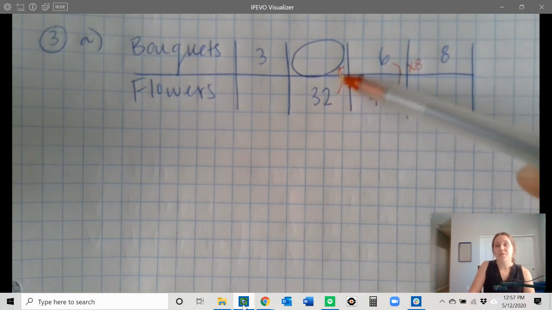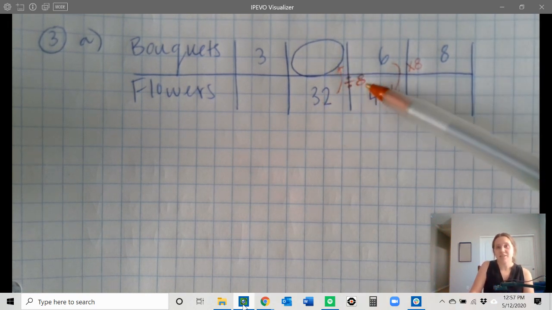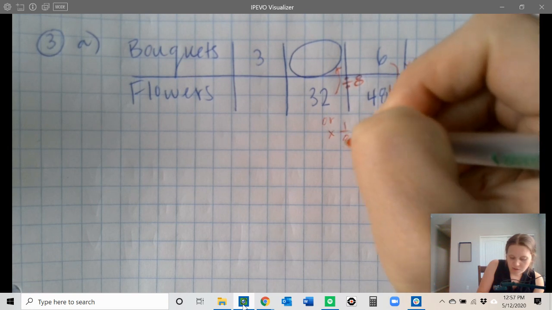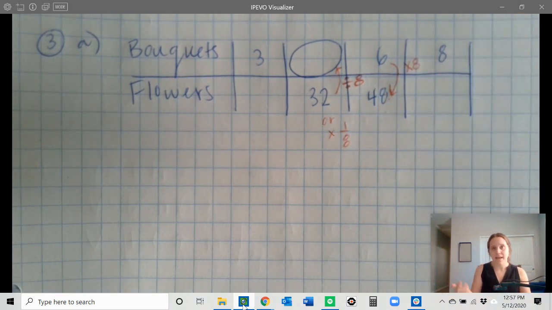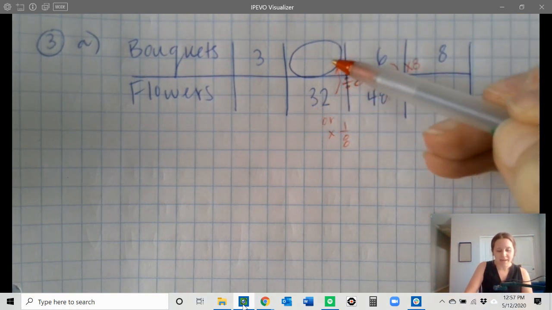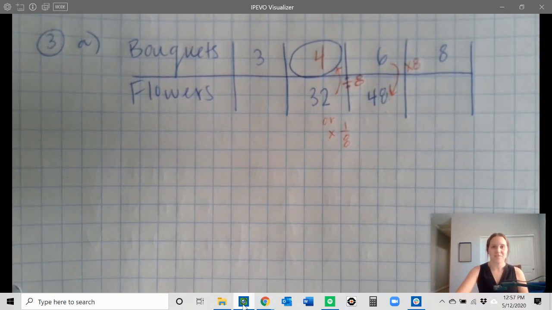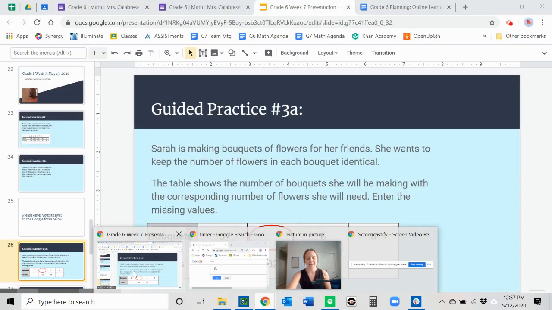If I want to go the other way and go from flowers to bouquets, I just need to switch that operation to divided by 8, or I need to multiply by the reciprocal 1/8. Either way, 32 divided by 8 is 4. So 4 is my correct answer for question 3A.